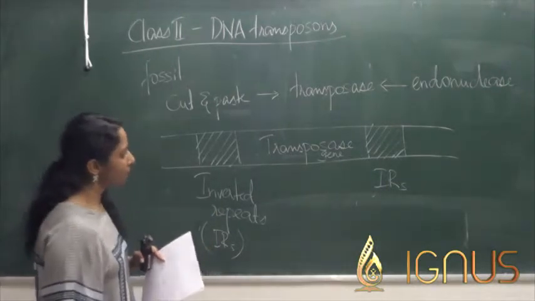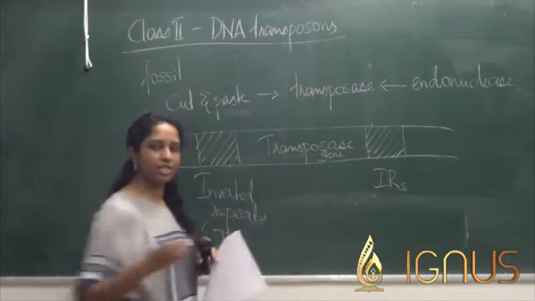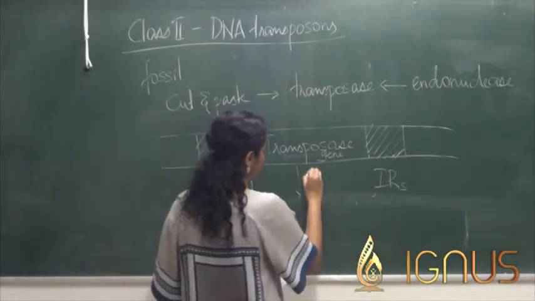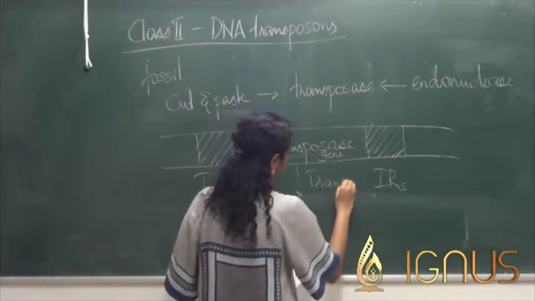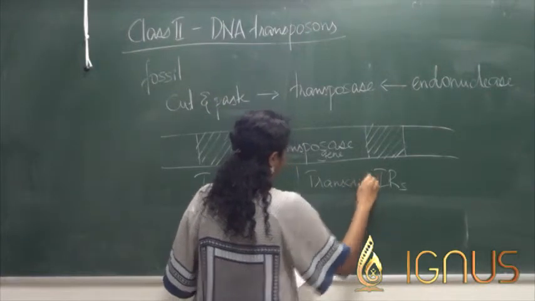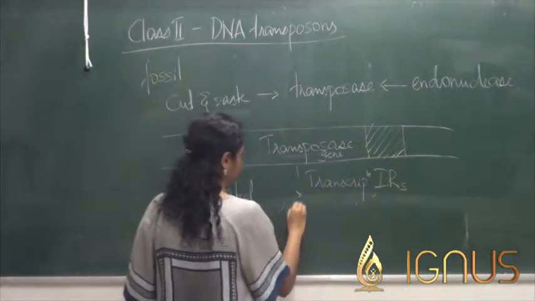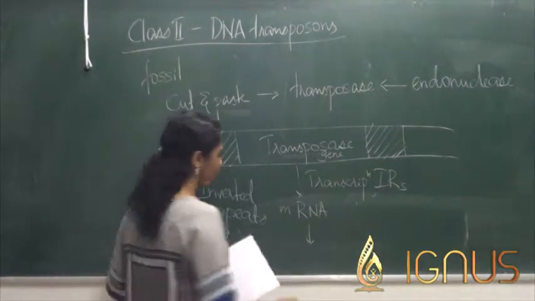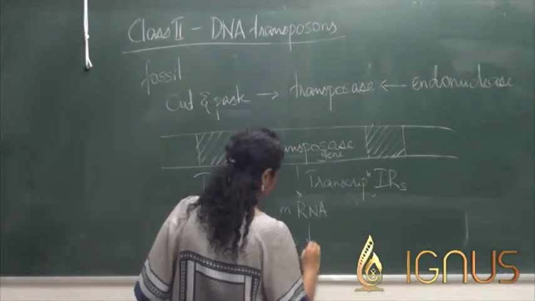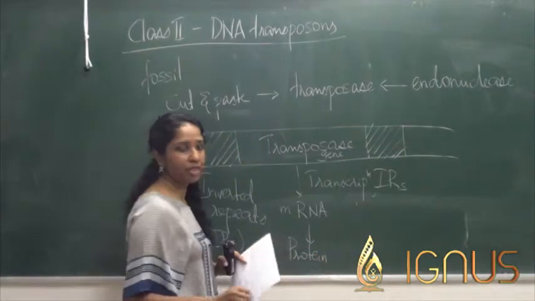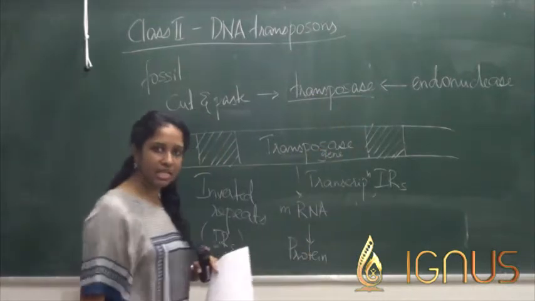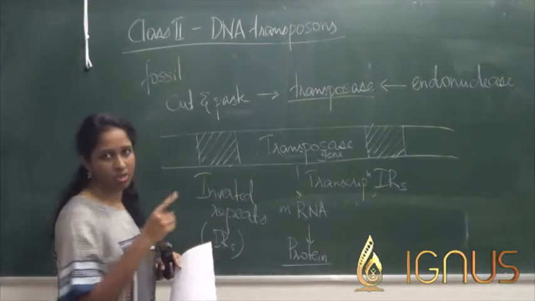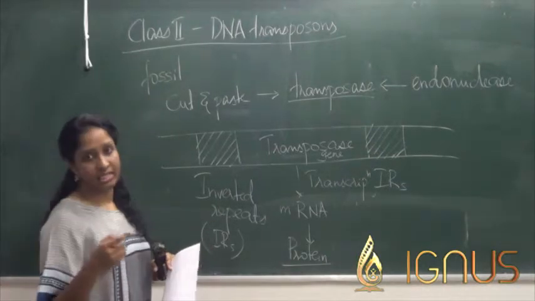Now what happens is that the transposase gene is going to get transcribed. So through transcription you are going to get the mRNA, and through translation you are going to get the protein. Now this protein is nothing but the transposase enzyme, and like I said, it is an endonuclease.